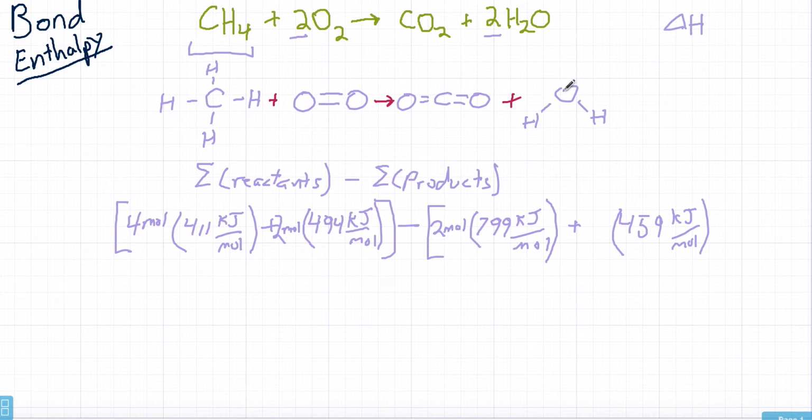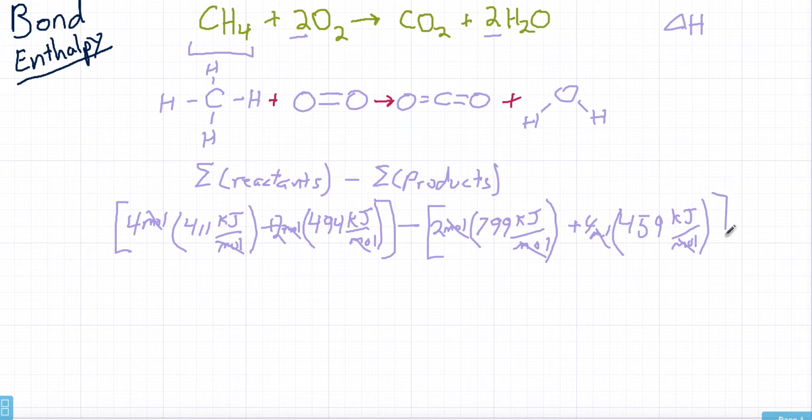It's going to be 2 times 2 is 4 moles. I wrote moles here so that that'll cancel on all of them, leaving us with just kilojoules.